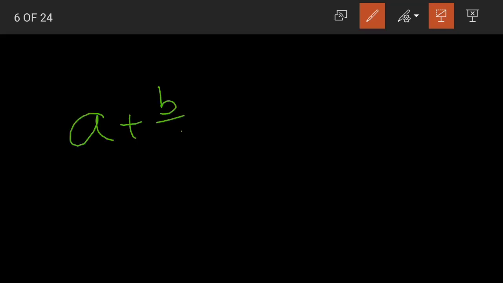We have a plus b by c, right? Here a is a whole number which has no denominator. Whenever a number has no denominator, we assume that its denominator is 1. Why do we assume this?